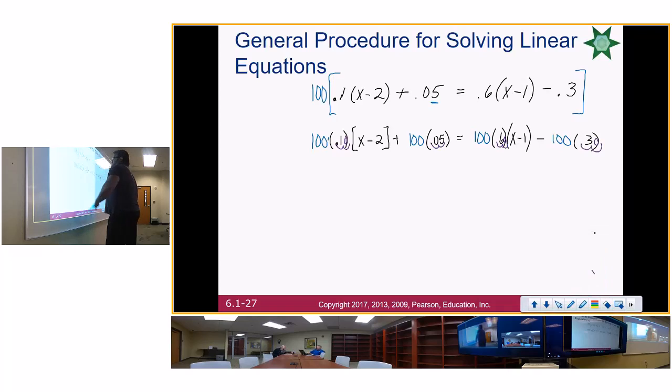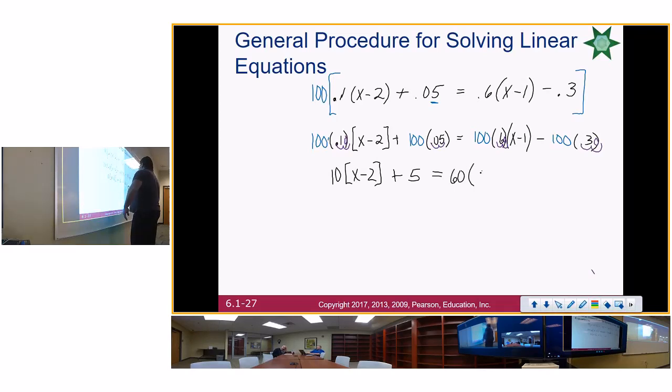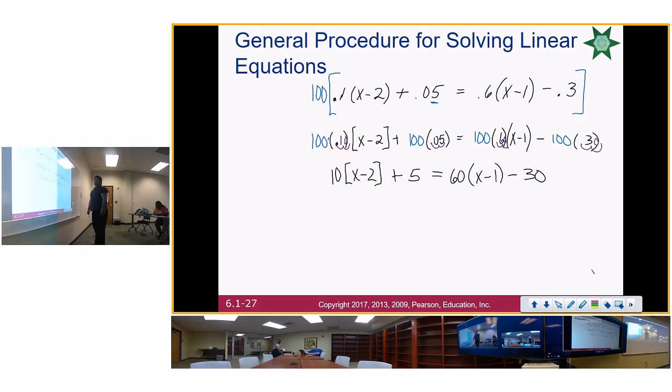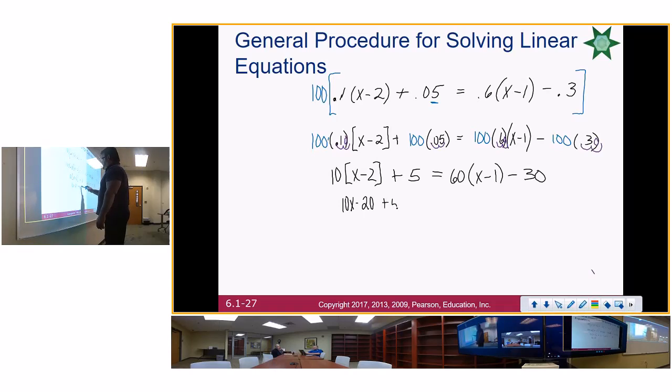So now we've got 10 times (x minus 2), parentheses, brackets, however you want to do it, plus 5 is equal to 60 times (x minus 1) minus 30. And now you have an Algebra 1 problem. 10x minus 20 plus 5 is equal to 60x minus 60 minus 30.